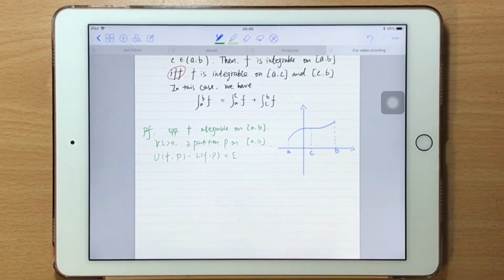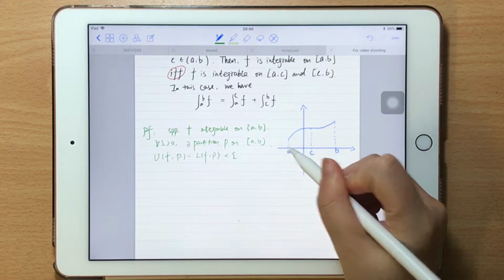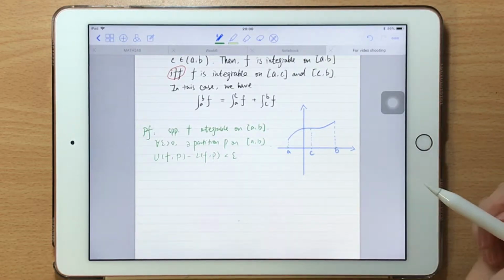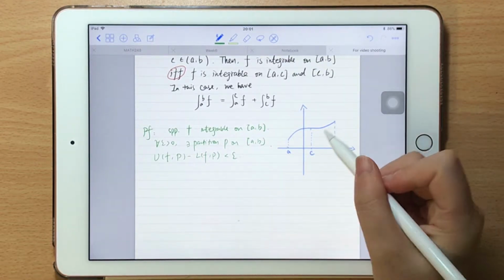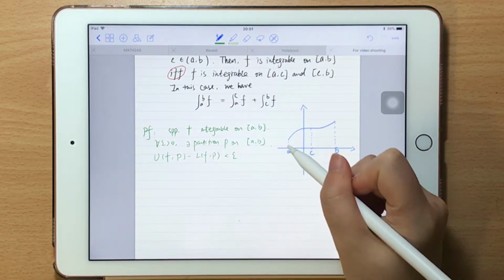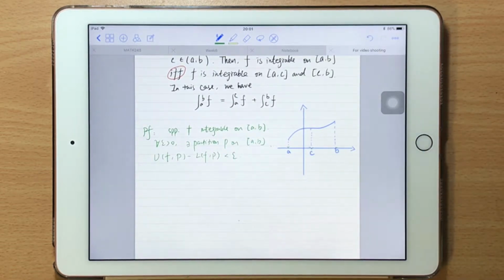I've said it before, the main point of the proof is to find a suitable partition. What we only have is the partition of f on [a,b], the whole interval. Now we want to show that f is integrable on [a,c], this subinterval.